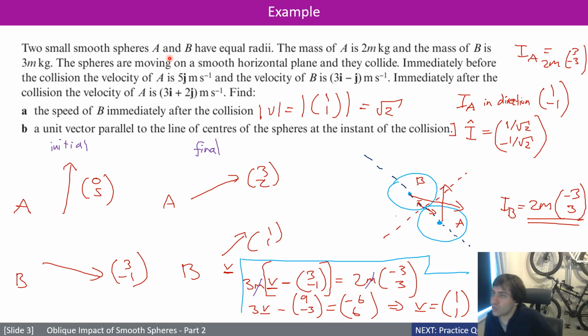So that's quite a useful way to find a missing velocity if you have the other three in terms of vectors, because then you can find the change in momentum of one, flip it by making it negative, and then use that to find the missing velocity for the other sphere.